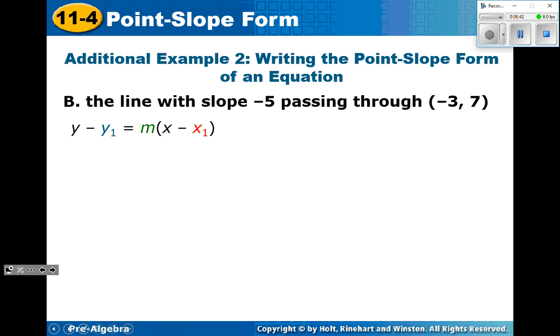Okay, you go ahead and try this one. Pause the video for a little bit. The line with a slope of negative 5 that passes through the point (negative 3, 7).